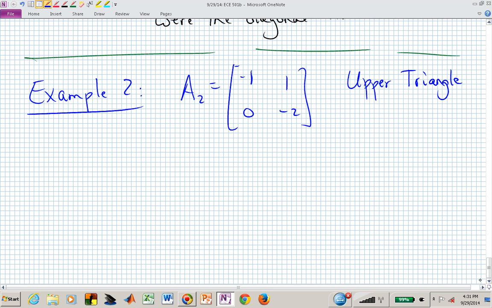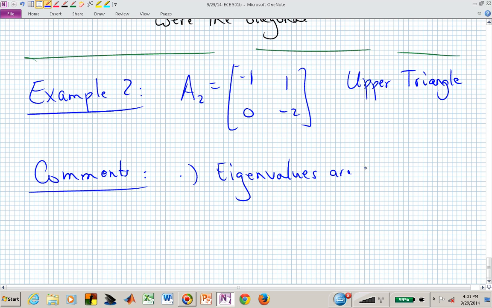This is an upper triangular matrix, and we can make some comments relative to this. We already know for a triangular matrix that the eigenvalues are on the diagonal. So the eigenvalues are -1 and 2. They're on the diagonal. Lambda 1 is -1.